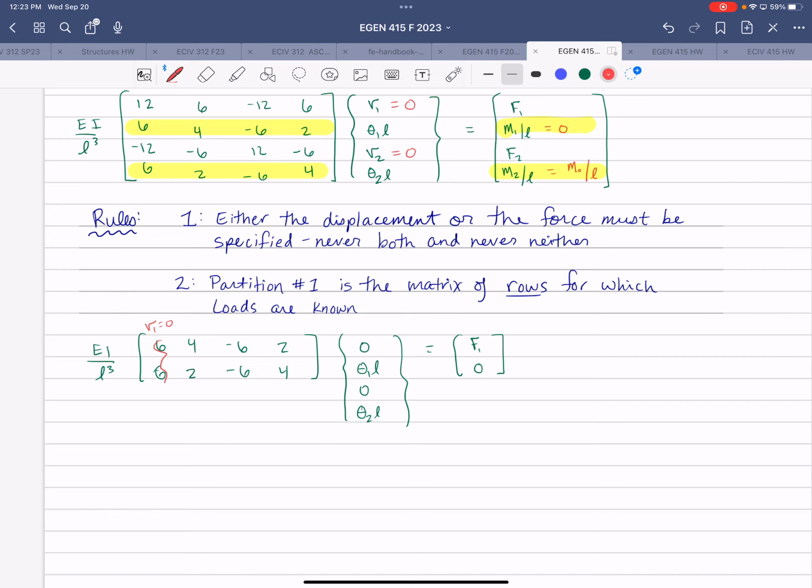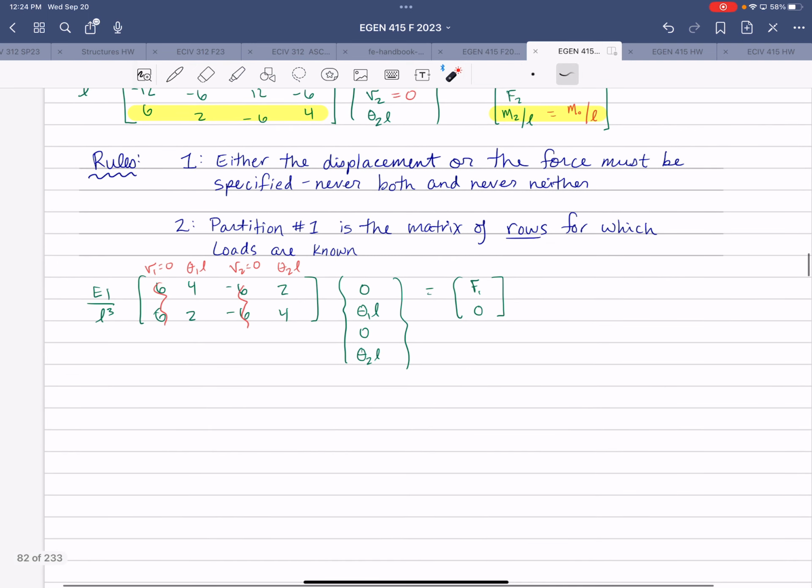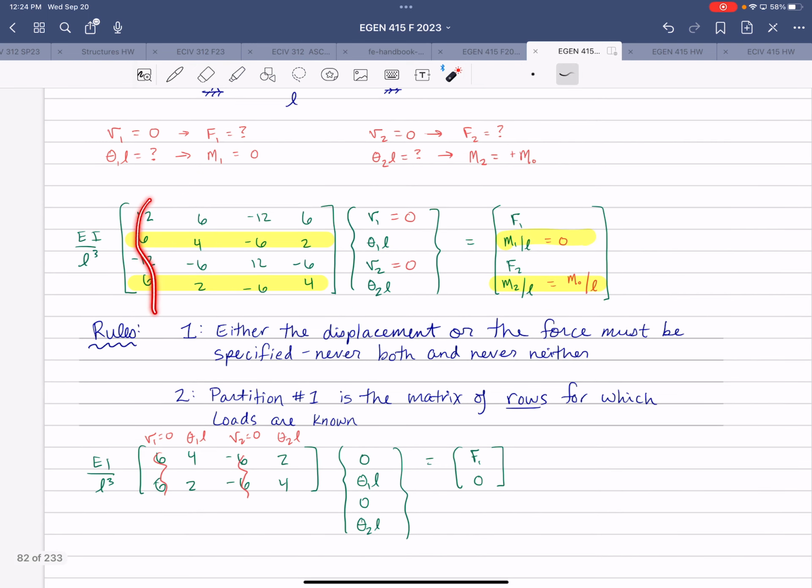That means we really don't need the first and third columns here, because those columns are just going to be multiplied by 0. So they're not helpful for our solution. So you can do that elimination up here, right?